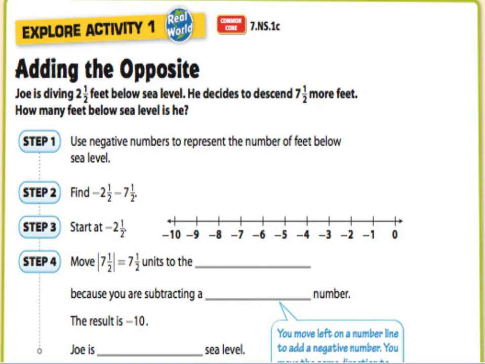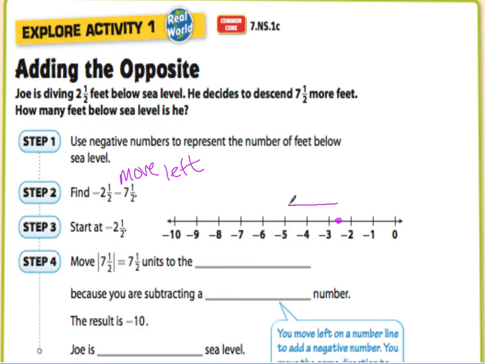All right, so again, focusing on adding the opposite. In this case, subtraction of 7.5 tells us to move left. Okay, but I don't have rules for subtraction. So even though I'm using subtraction, in order to do the math, I'm going to change it to addition. Because if you look at the number line, I start at negative 2 and 1/2, and it tells me to move to the left 7.5.